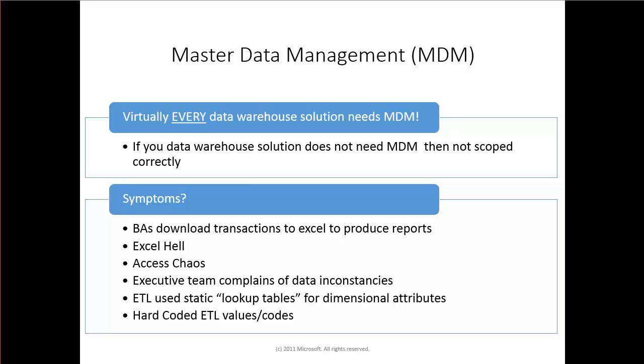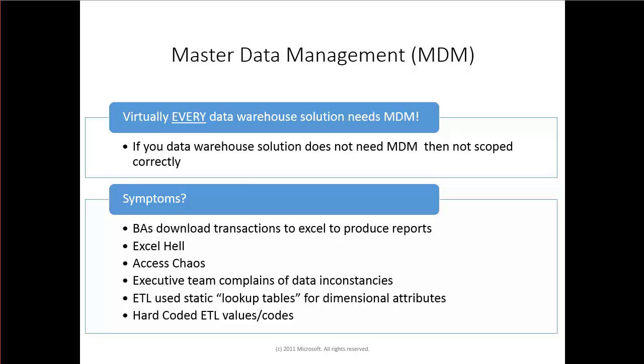This goes for Access too. Many times, many departments or business units have created lots of Excel and Access databases and primarily use those outside the realm of IT because IT isn't able to respond quickly enough to their demands. All these kinds of symptoms, ultimately at the executive level, produce a wide variety of data inconsistencies.